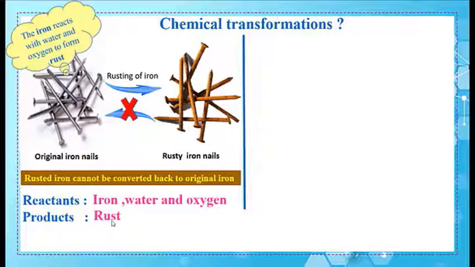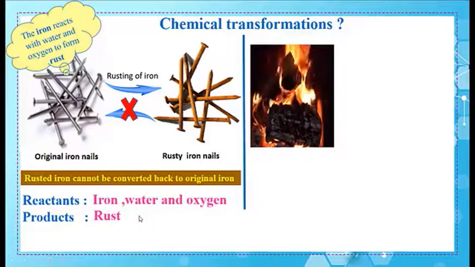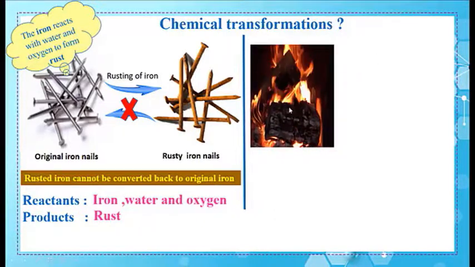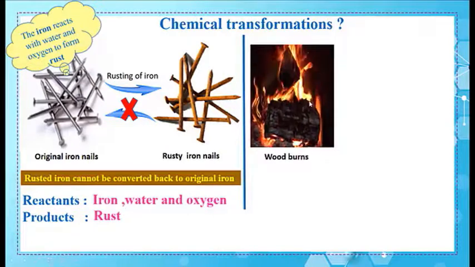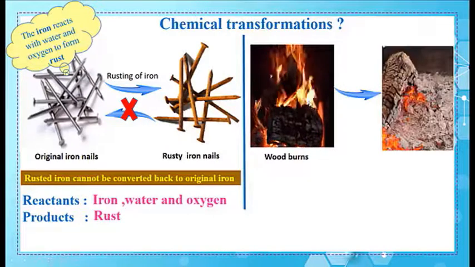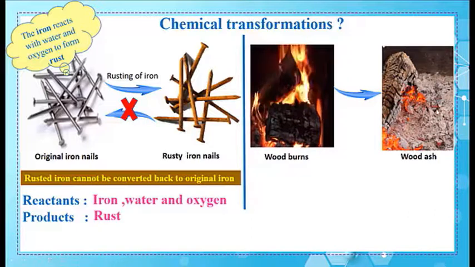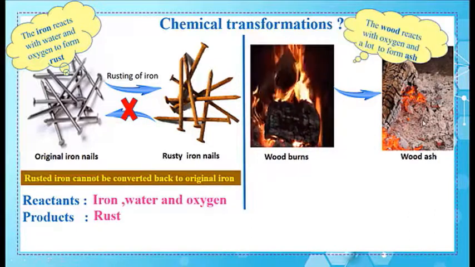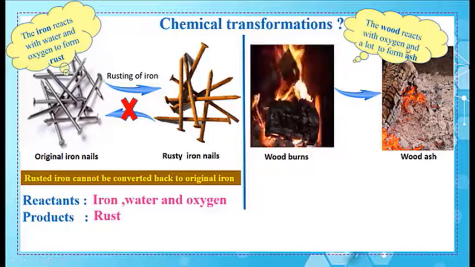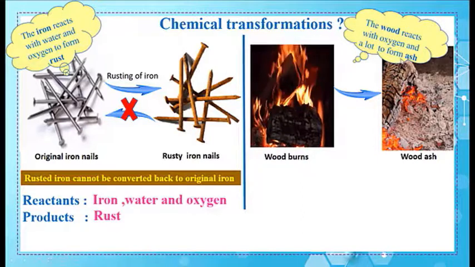For the other example, you have to pause the video, where I have here burning wood. Starting from wood, upon burning it, we obtain ash, carbon dioxide, and water. The wood reacts with oxygen to form ash.